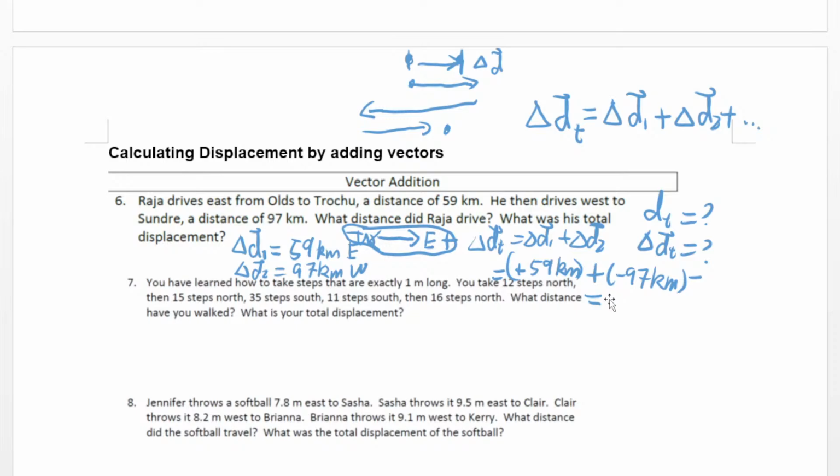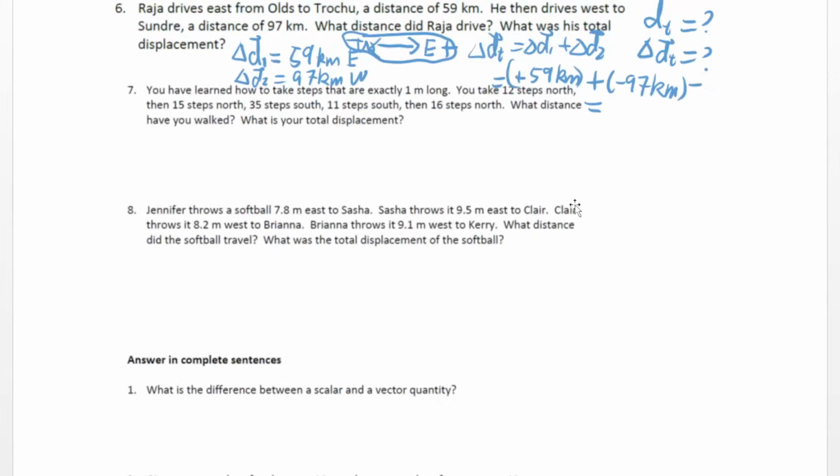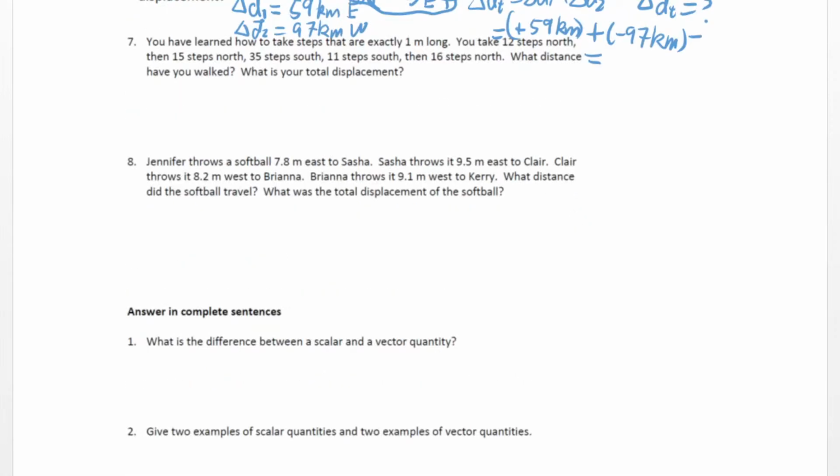Why is the pen not working? There we go. Negative 38 kilometers. Now we don't care about the sign, so displacement total is 38 kilometers west.